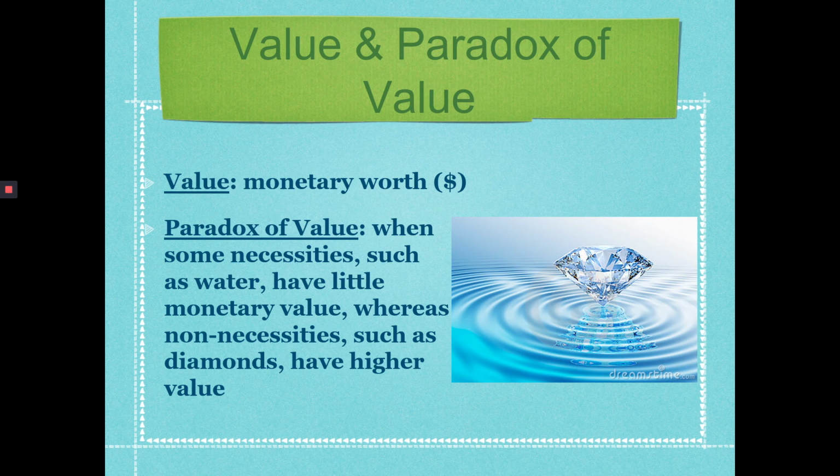Okay, so the value of a good is nothing more than its monetary worth. So if I go to the store and I go to AT&T and I buy a cell phone and it is $1,000, that dollar value is what we assume that product is worth. Now, here's something that is important to understand.